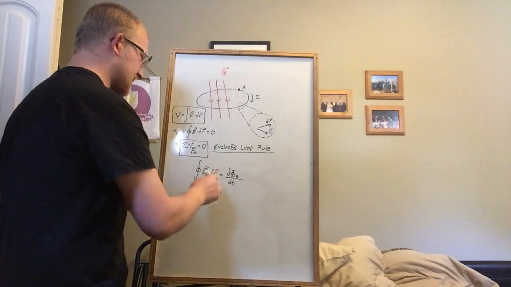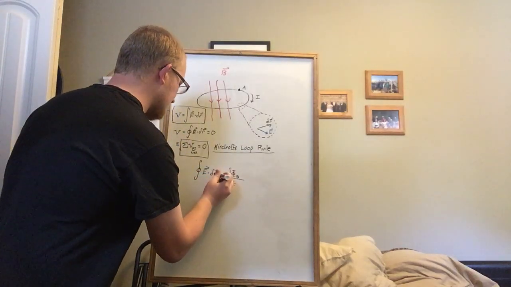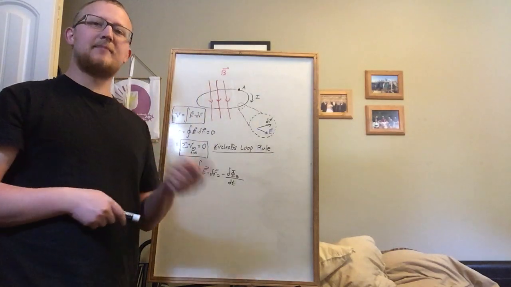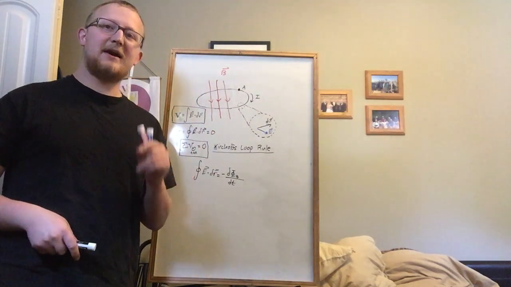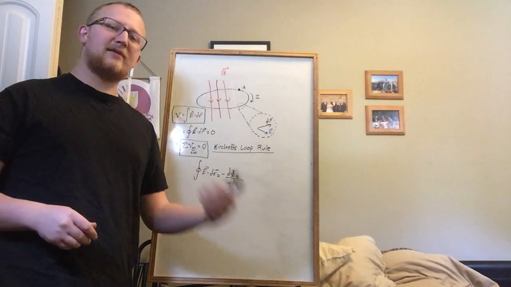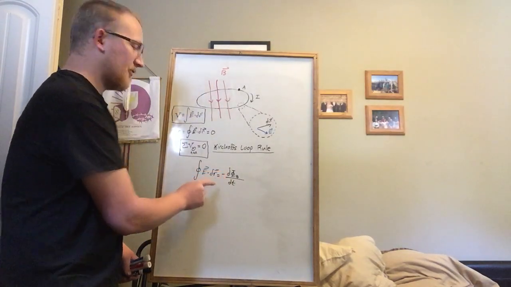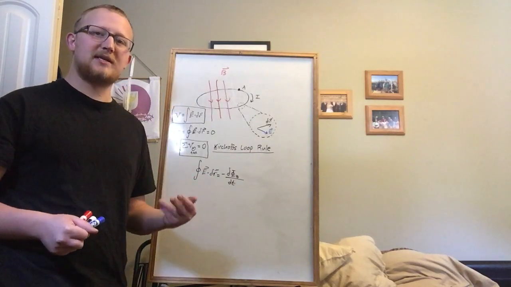And I missed a term here. This is actually equal to negative change in magnetic flux with respect to time. The reason why the negative is there is to remind us that in whatever way the magnetic flux is changing, this term, this voltage induced, will actually oppose it.